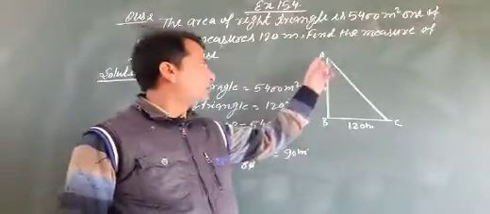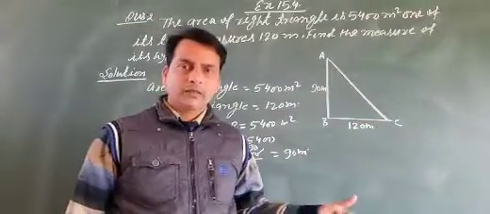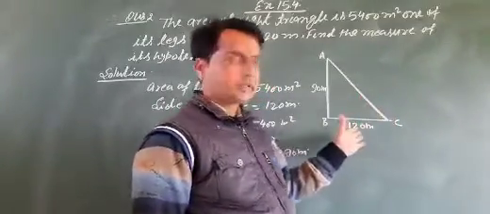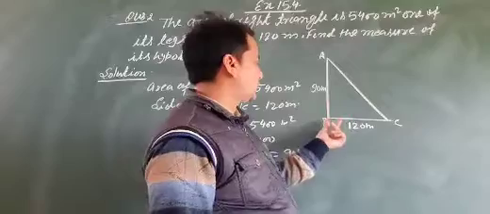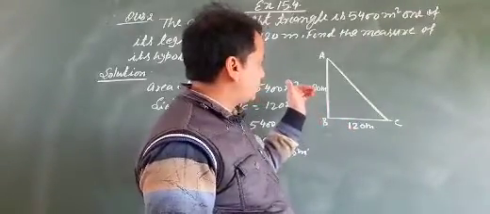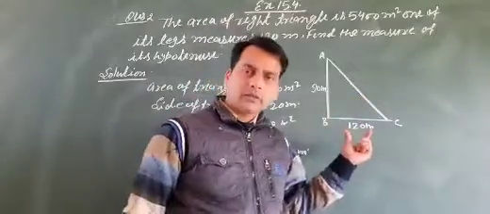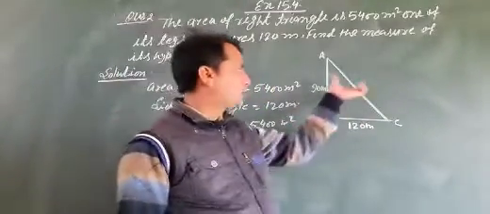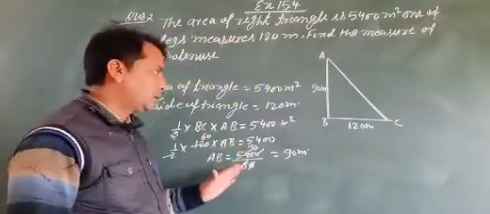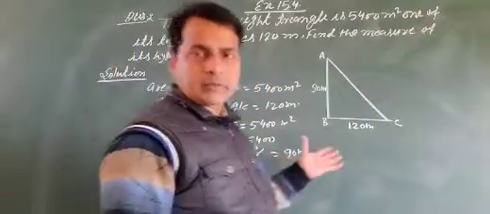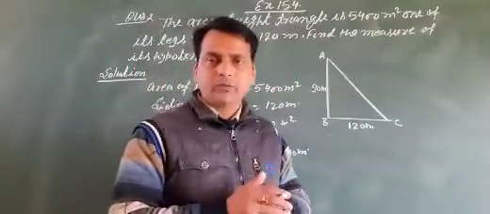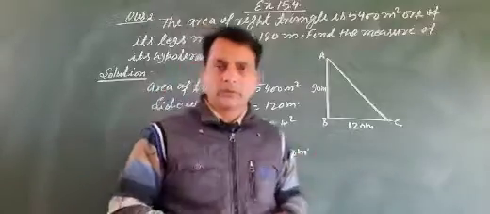Then in triangle ABC, AC is the hypotenuse and the longest side of the triangle, because the angle is 90 degrees, a right angle. AC is just opposite to the right angle, so AC is called the hypotenuse. Now apply the Pythagoras theorem: hypotenuse square equals base square plus perpendicular square.